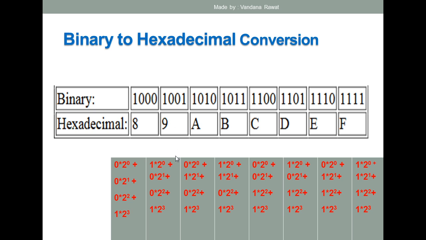So directly you can write that the binary representation for 9 is this, and for D, D is equivalent to 13. First of all you will write D is equivalent to 13, then 13 is equivalent to this binary number, that is 1101. Got my point?